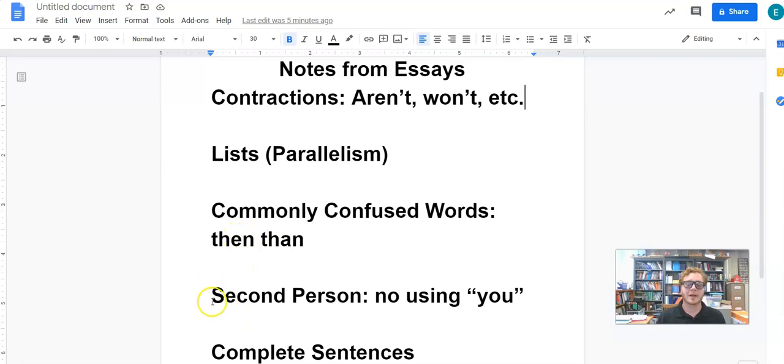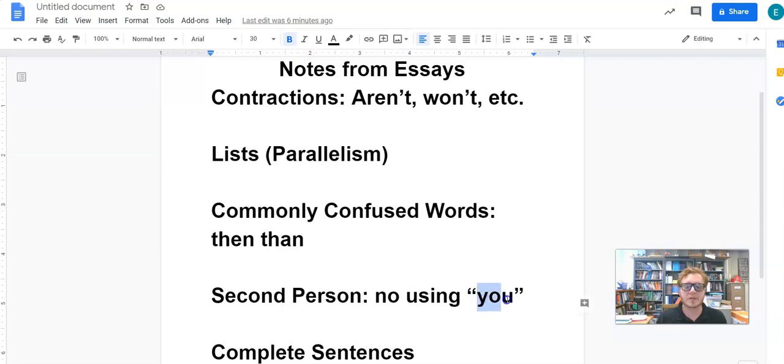Almost every essay had this in it, and it might not be something that you've been told before, but you are not supposed to use the word you in your essays. Sometimes your teachers will tell you you can't use the word I, and that is not entirely correct, but it is mostly you don't want to say I believe. You can just cut out the words I believe, and you still have a full sentence.